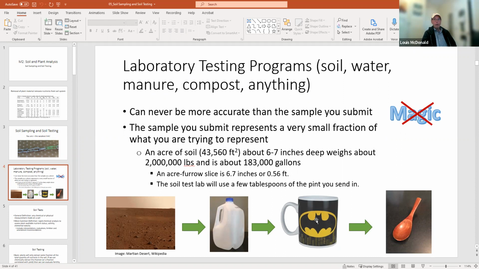Of that cup, the soil test lab is going to analyze about a scoop. This is not the scoop they use. They use a different scoop. This is the scoop I use to make green tea. They have a different kind of scoop that's about the size of, if you make coffee, about that size, slightly different shape.